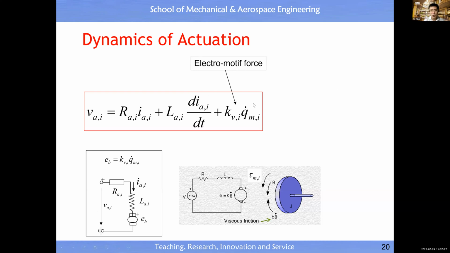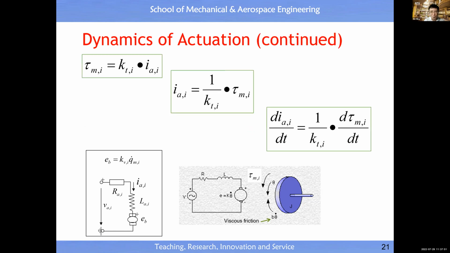And the good news is the voltage produced by the rotating coil is proportional to the rotating velocity of the coil. Then you see this equation relates variables in the electric domain to variables in the magnetic domain, because the velocity, q dot, is the angular velocity, all right.